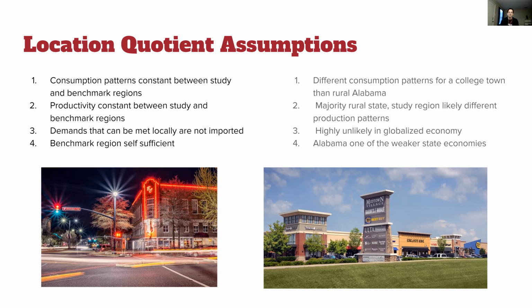We assume that demands can be met locally or not imported, which is unlikely in our globalized economy. And we also assume that the benchmark region is self-sufficient. And while the state is more self-sufficient than the county, it's worth noting that Alabama is one of the weaker state economies. So relative to the entire country, it's not necessarily self-sufficient.